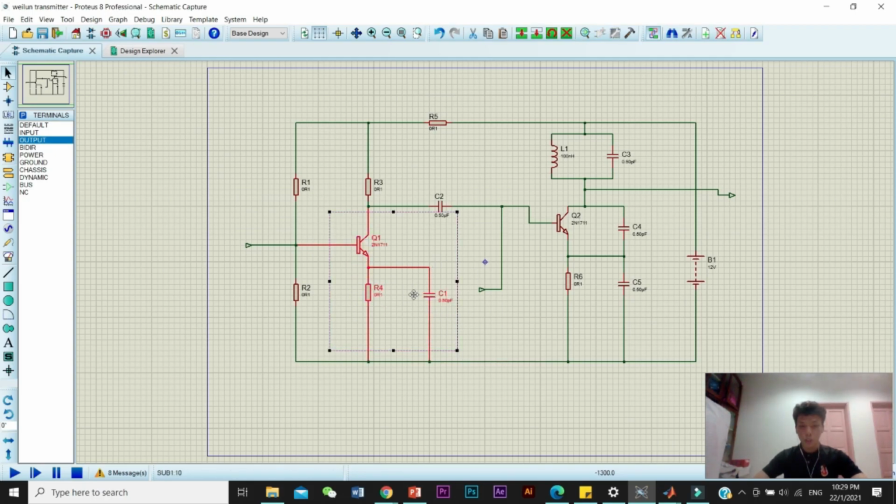This is the function of this capacitor, and we can see there's another input here. This input is the carrier signal. The carrier signal is sent into the base of this transistor, and this transistor is a radio frequency oscillator.